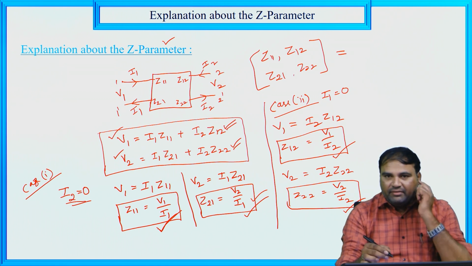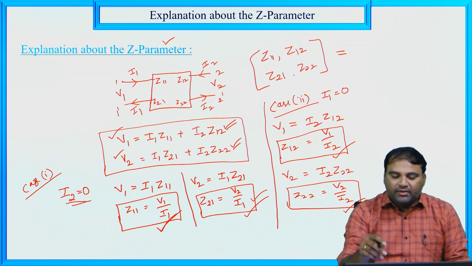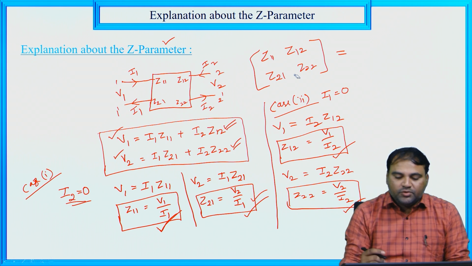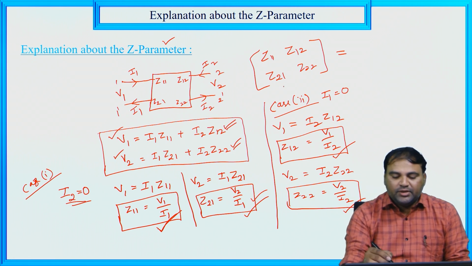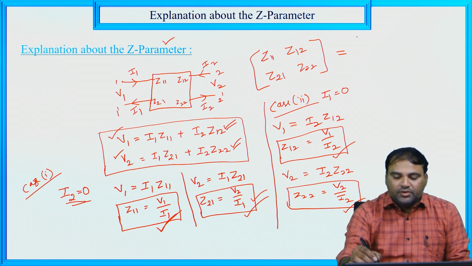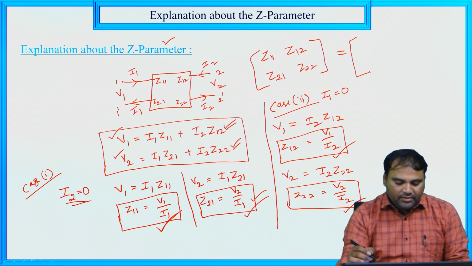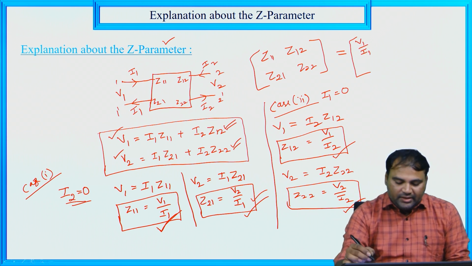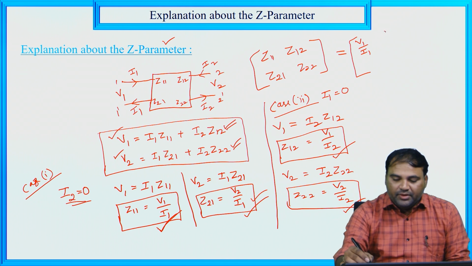So already we are having the matrix form here: Z11, Z12, Z21 and Z22. Where Z11 equal to V1 by I1, Z12 is V1 by I2, Z21 is V2 by I1 and Z22 is V2 by I2.